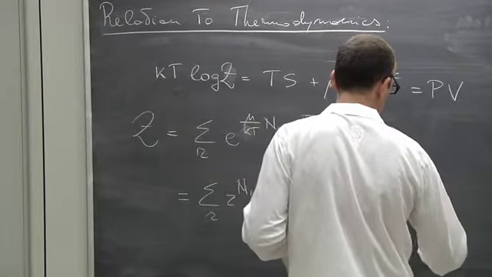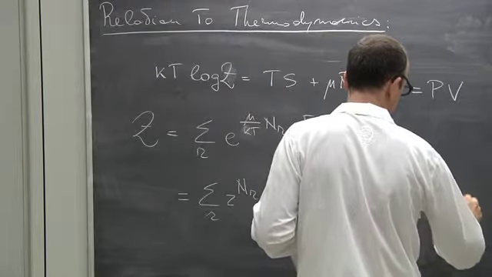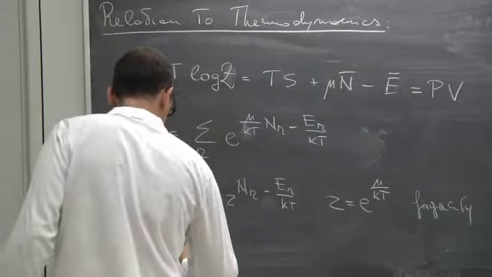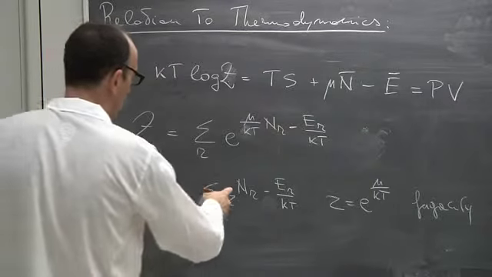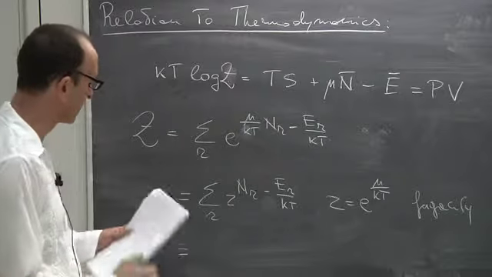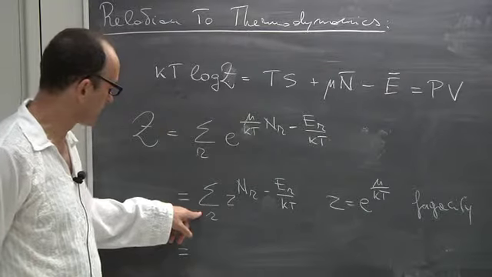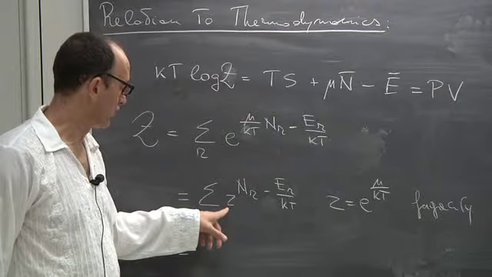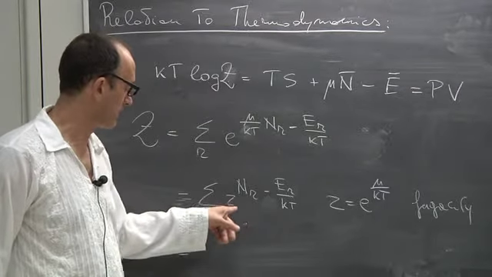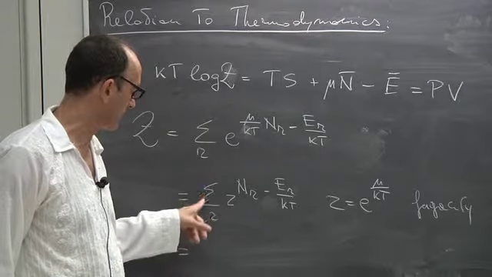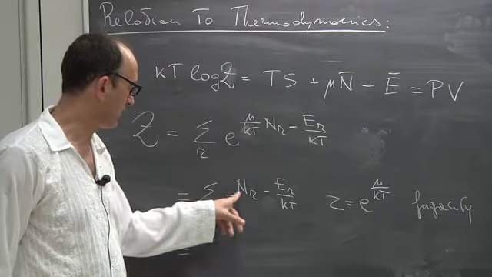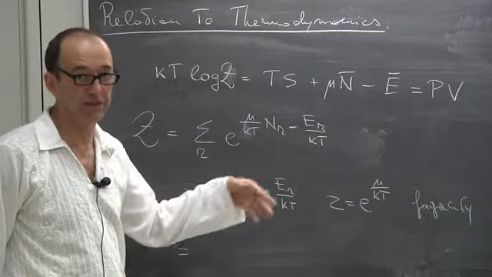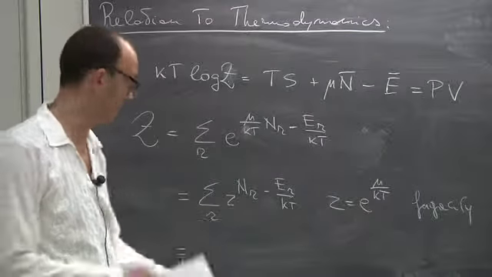It's called fugacity. And you can think of writing this in this form. So you first do the sum over all the states. You split this sum in two parts. First you sum over all the possible numbers of particles, and you do the sum over all the states with that number of particles. Okay?